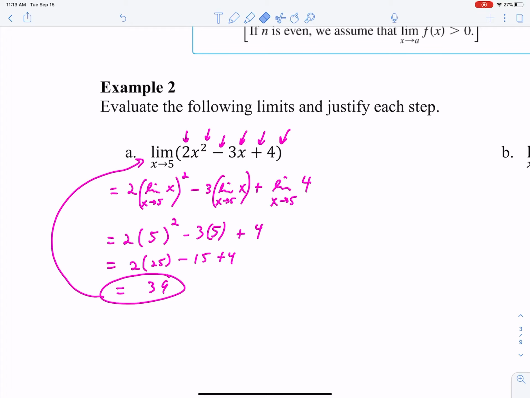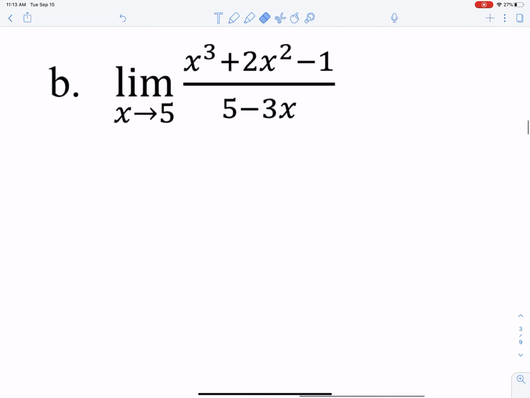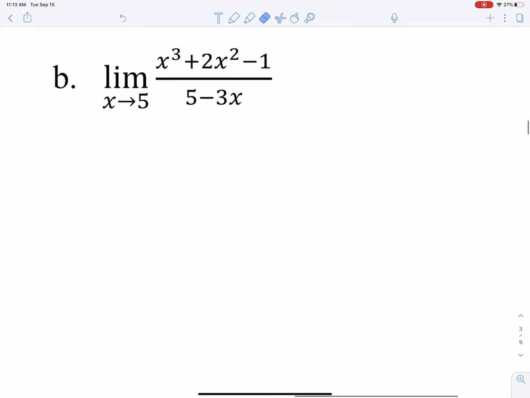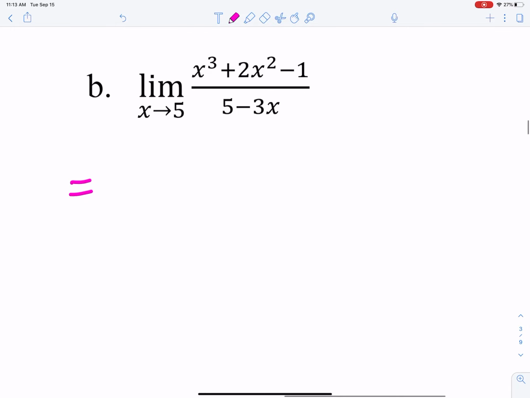Okay. All right, now B, it's going to be a mess, but it's part of the learning process, right? So I'm just going to go over this one a little bit quickly. We're going to use all the different rules: exponent rules, constant rules, adding, subtracting, multiplying, all that stuff.